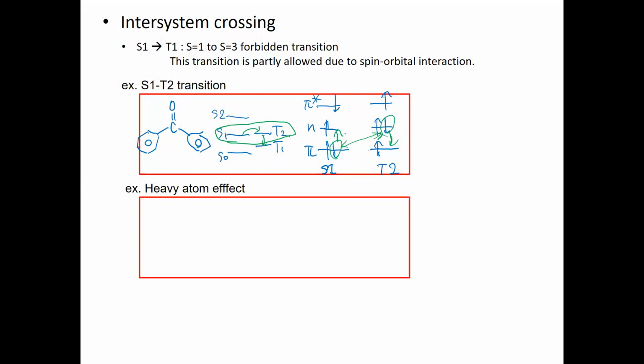In this case, you could think that the pi electron and n electron are exchanging. The pi electron is extending over the CO bond, but the n electron is localized on the oxygen side, as we studied.